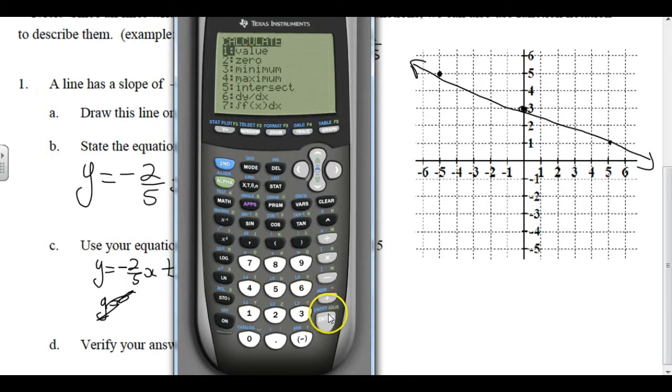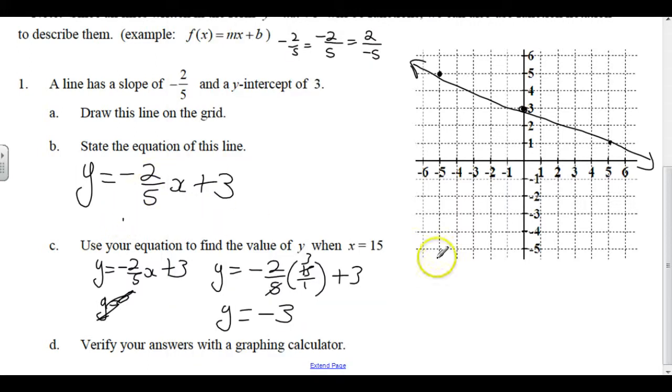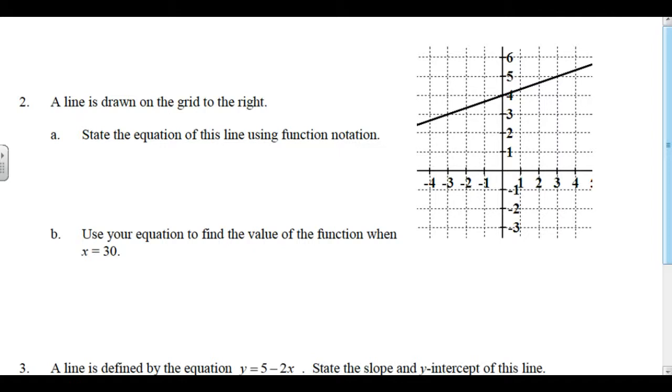So second calc value, and we'll put in an x value of 15, and we get the y value of negative 3. Okay, so as long as your window includes the x value, that's just a little quirk of the calculator. It's just how it works.